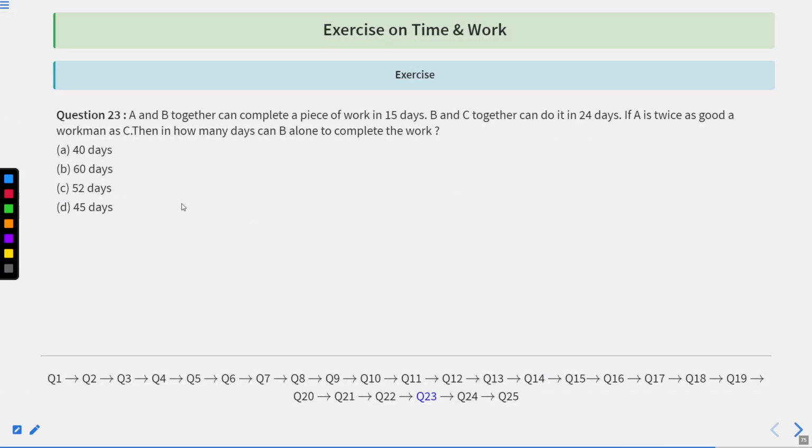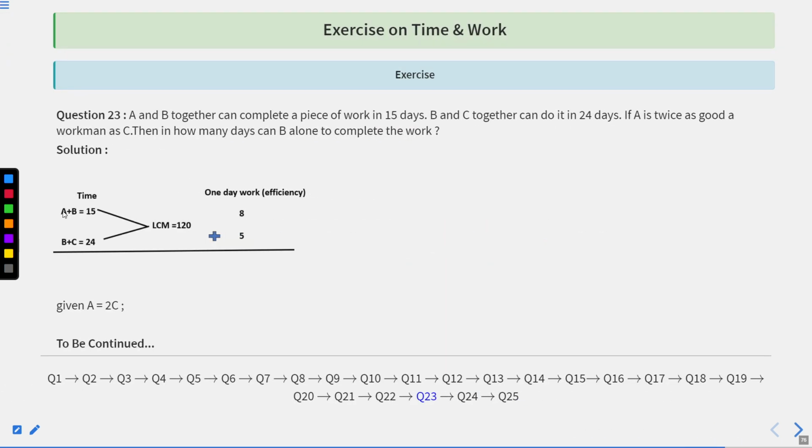Question number 23. A and B together can complete a piece of work in 15 days. B and C together can do it in 24 days. If A is twice as good a workman as C, then in how many days can B alone complete the work?